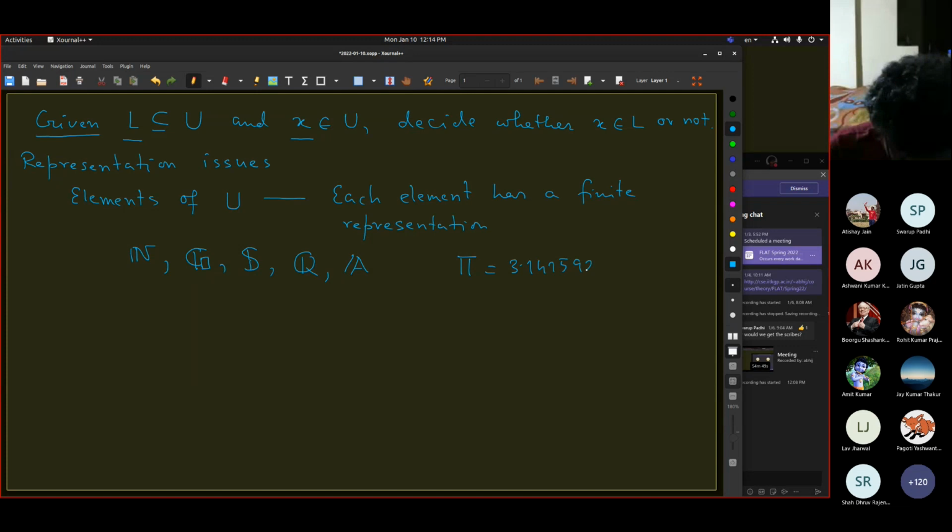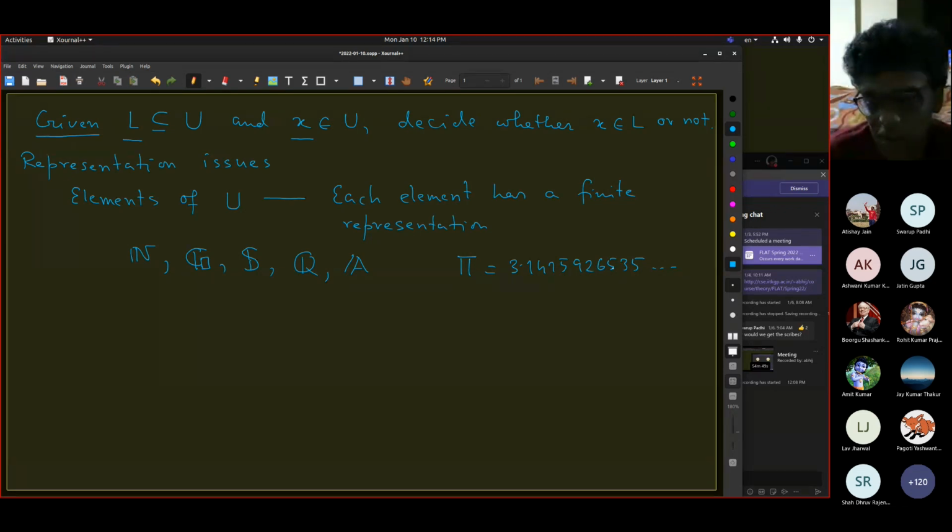3.141592. So can you please explain what you mean by finite representation? Each element. Yeah, this is the example, pi. If I want to represent real numbers in, let's say, the decimal representation, then pi does not have one. It's an infinite expression that will keep on going.